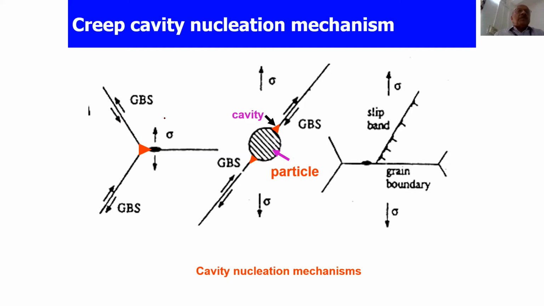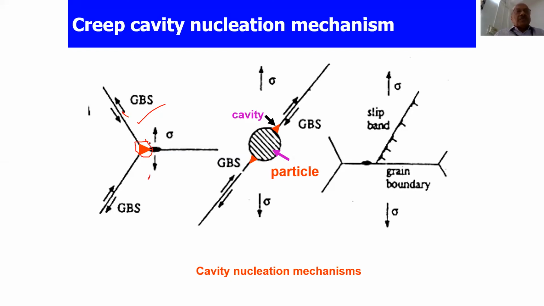At room temperature, low temperature, grain boundary is stronger than the grain interior. But at that temperature called the equicohesive temperature, the strength of the boundary is less than the strength of the grain interior. So under the action of a shear stress, grain boundaries start sliding. So when this boundary slides and this boundary slides, then it leads to a certain amount of stress concentration at the point where the three grains meet.